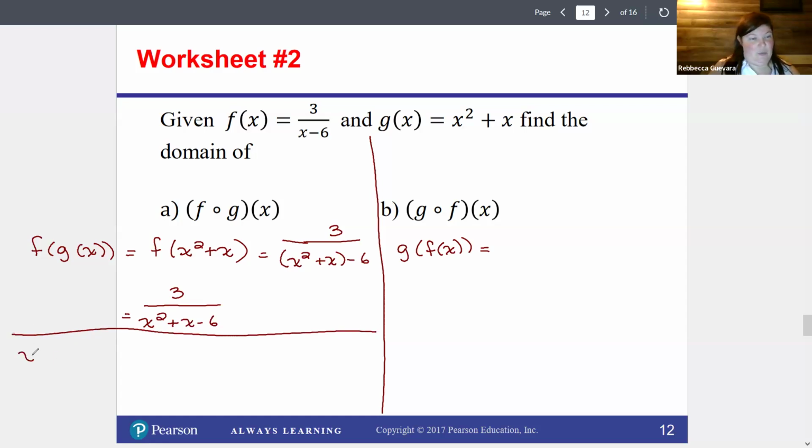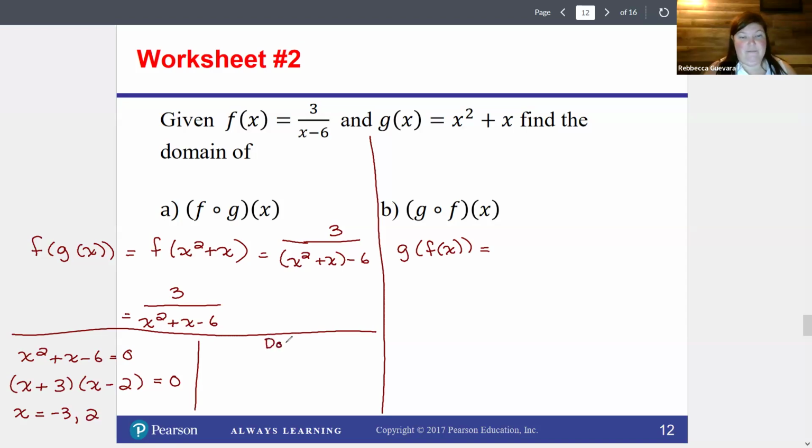So I have to look at where x squared plus x minus 6 is equal to 0. You'll notice that this is something I can factor. I need two numbers that multiply to give me -6, but add to give me +1. That'd be x plus 3, x minus 2. So if I take the denominator and solve it for 0, the two things that would make the bottom 0 would be -3 and +2.